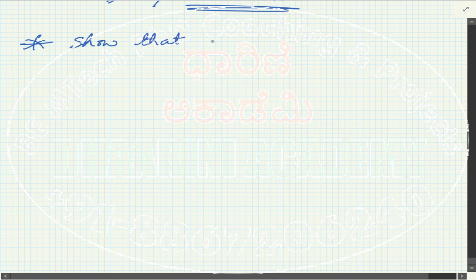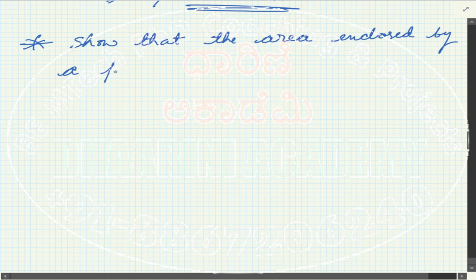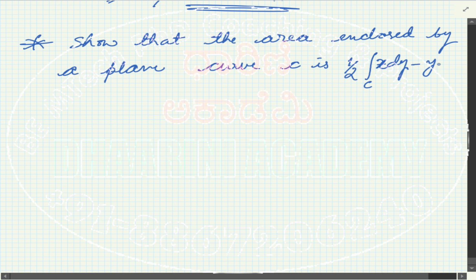Show that the area enclosed by a plane curve C is half integral over C x dy minus y dx.